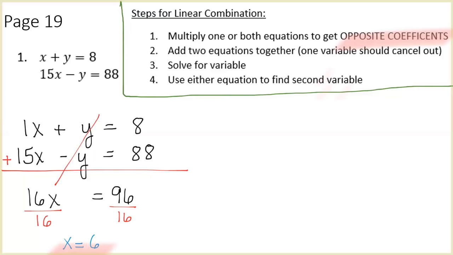And now we need to find y. And we can decide which one we want to use. And I think I'm going to use this first one here because that looks pretty basic. It's just x plus a number equals 8. So it says x plus y equals 8. And I figured out that x was 6.